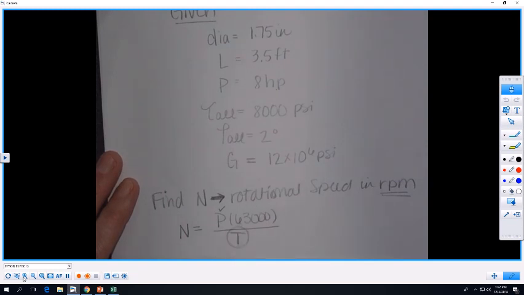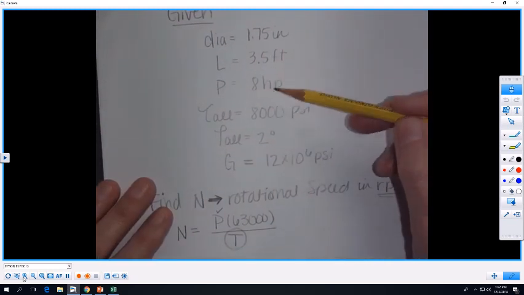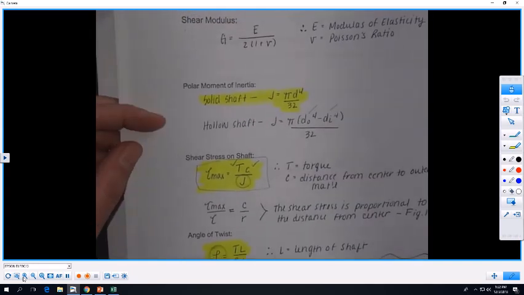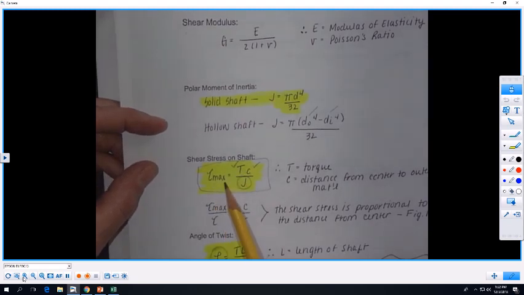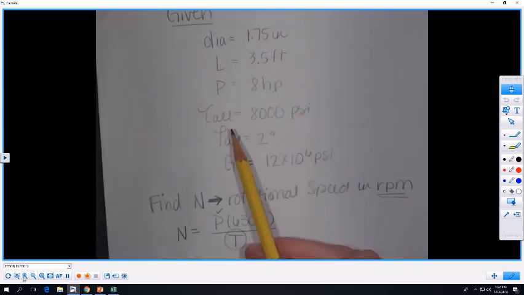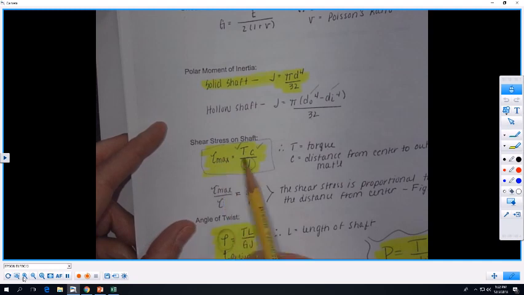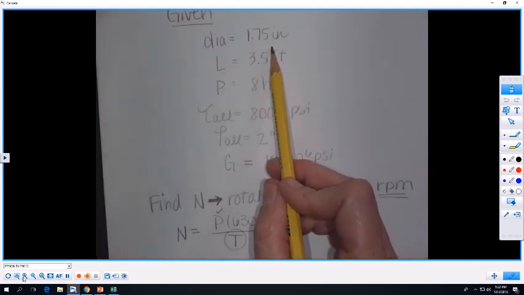We're going to have to create a cell to solve for that based on the information. So as we look here, do we have what we need to find the torque? Well, looking back, we do have an equation with torque in it right here, the equation for the torsional shear stress. We are given the allowable torsional shear stress, so we could use that right here. We know what the radius to the outermost material is because we're given the diameter.